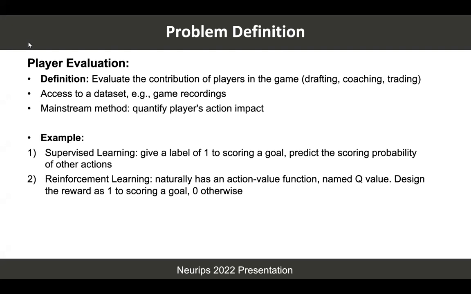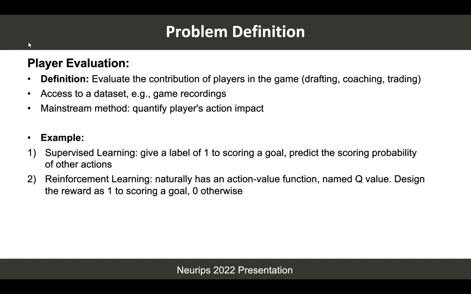For example, some existing work uses supervised learning to learn this action impact. We give a label of 1 to scoring a goal in our data set, and then use a neural network to predict the scoring probability of other actions.